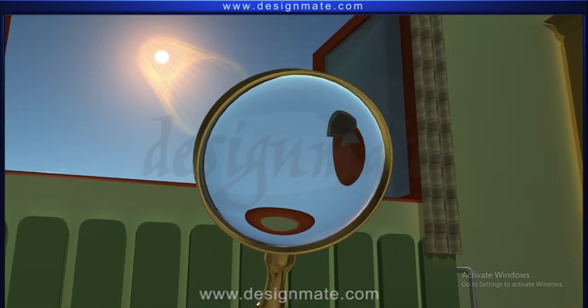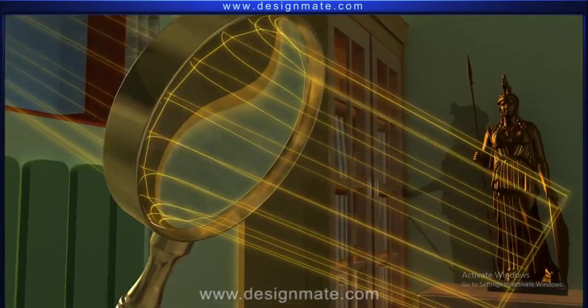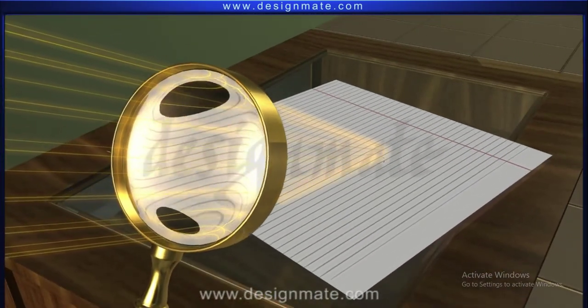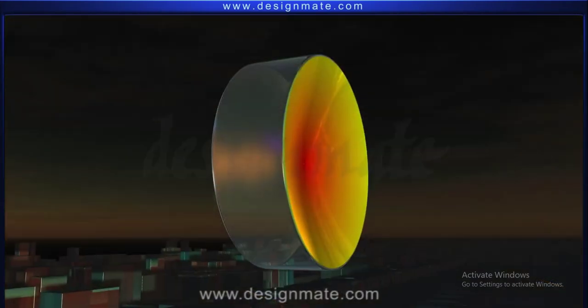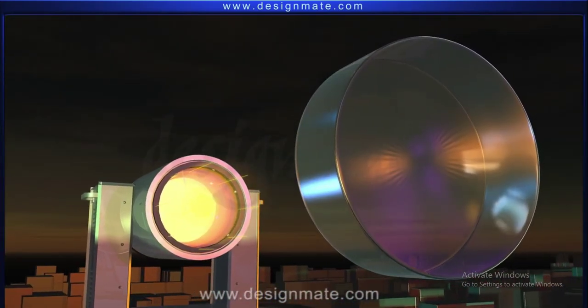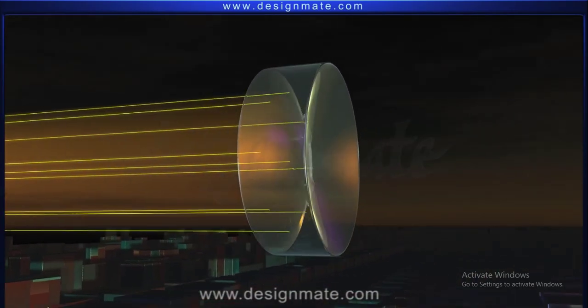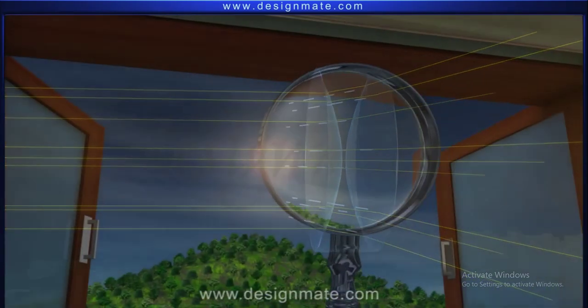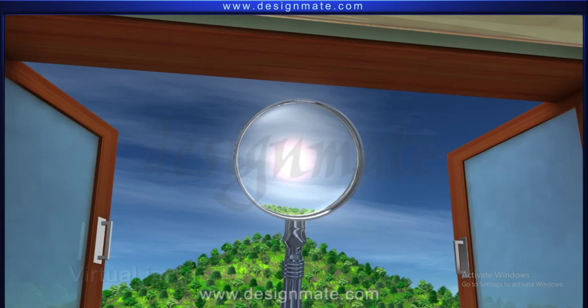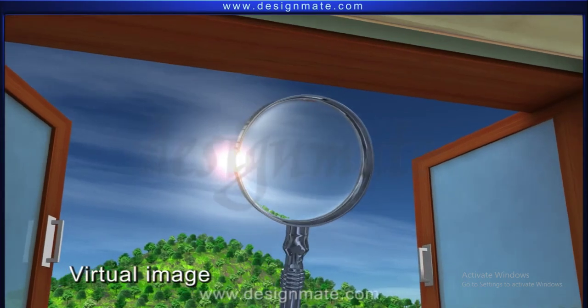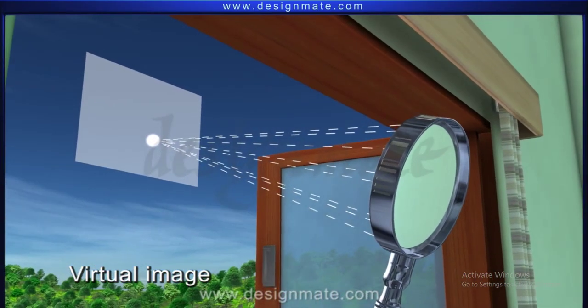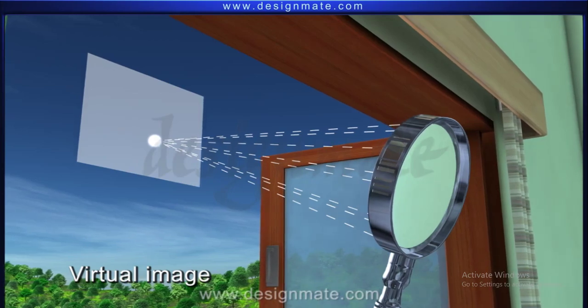A real image produced by a convex lens is formed on the other side of the lens. The parallel rays of light incident on a concave lens undergo divergence as they emerge on the other side. The concave lens produces a virtual image, that is, an image formed on the same side of the lens as the object.